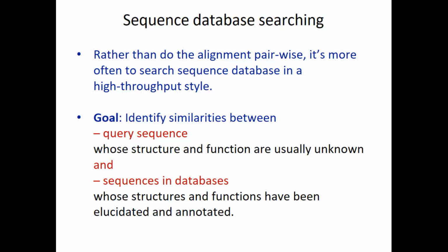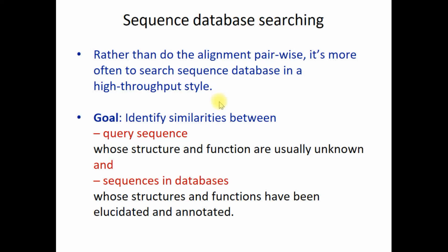Okay, so far we have learned how to align two sequences using two dynamic programming algorithms, the Needleman-Wunsch algorithm and the Smith-Waterman algorithm. But rather than doing the alignment pairwise, it's more common to search a sequence database in a high-throughput style.